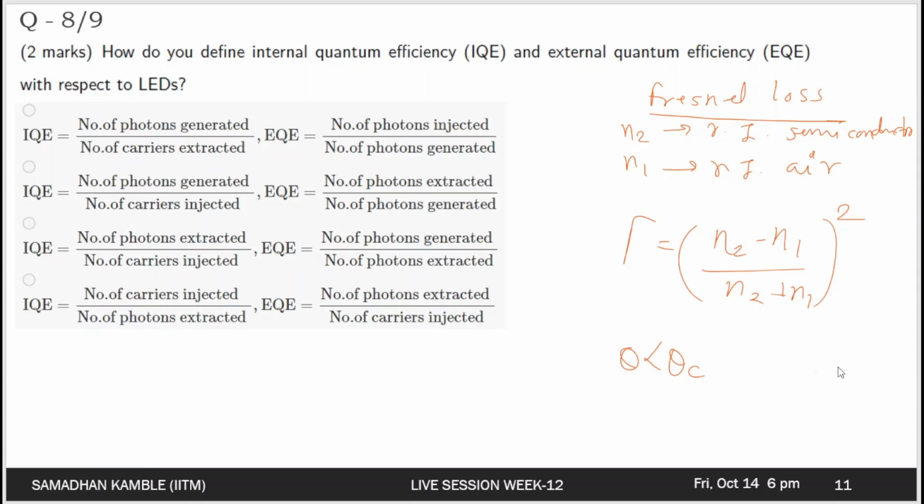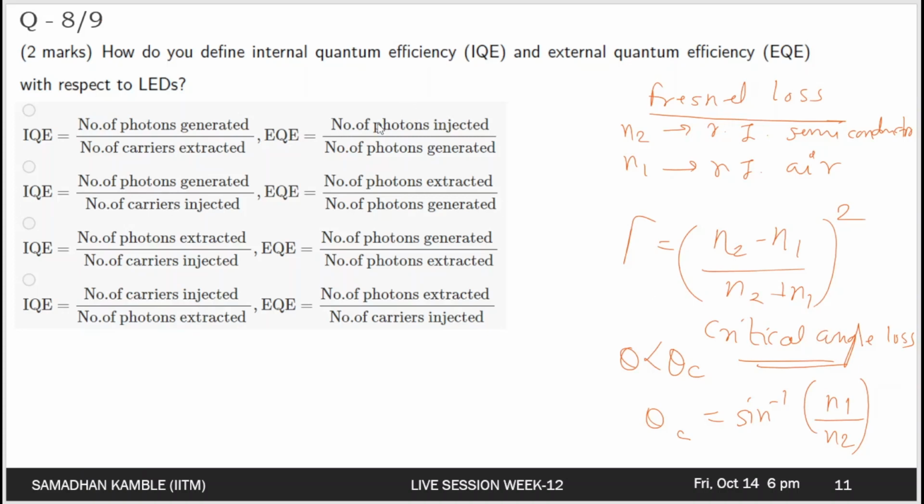The critical angle is determined from Snell's law, and it is given by theta c equals sine inverse of N1 by N2. This is the critical angle loss. So these are the different loss mechanisms.